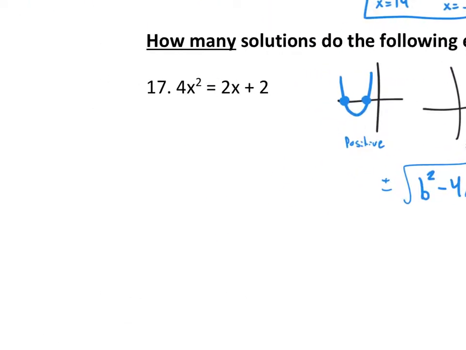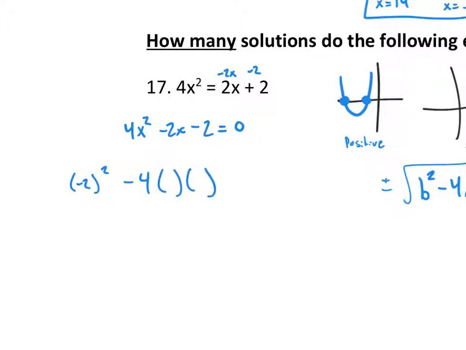So before we do b squared minus 4ac, we do need to make sure that we get it all equal to 0 so that it's in standard form. And then we'll do b squared minus 4ac. And when we do that here, we'll get a 4, and then this is a negative 16 times a negative 2 plus 36.